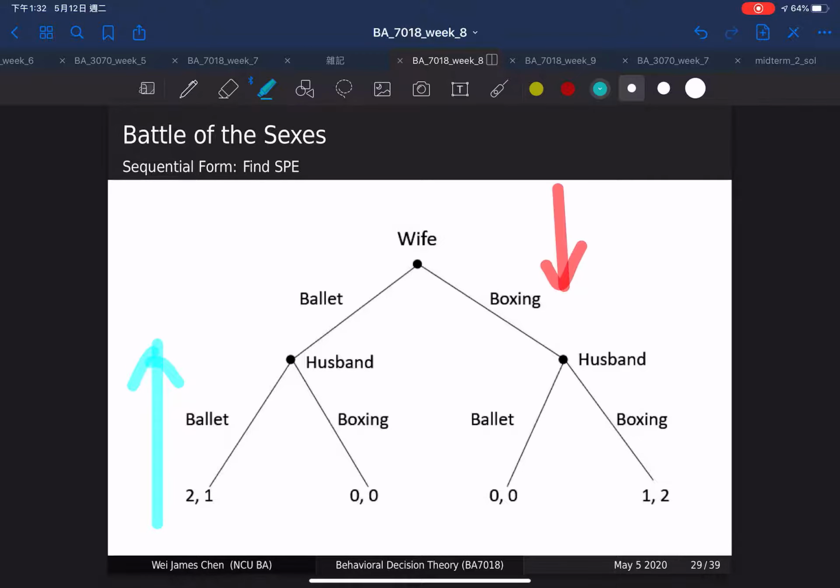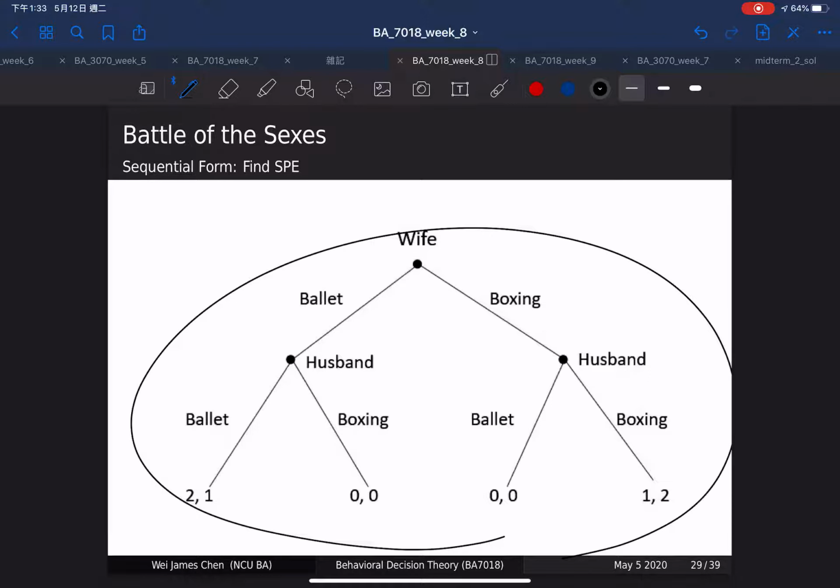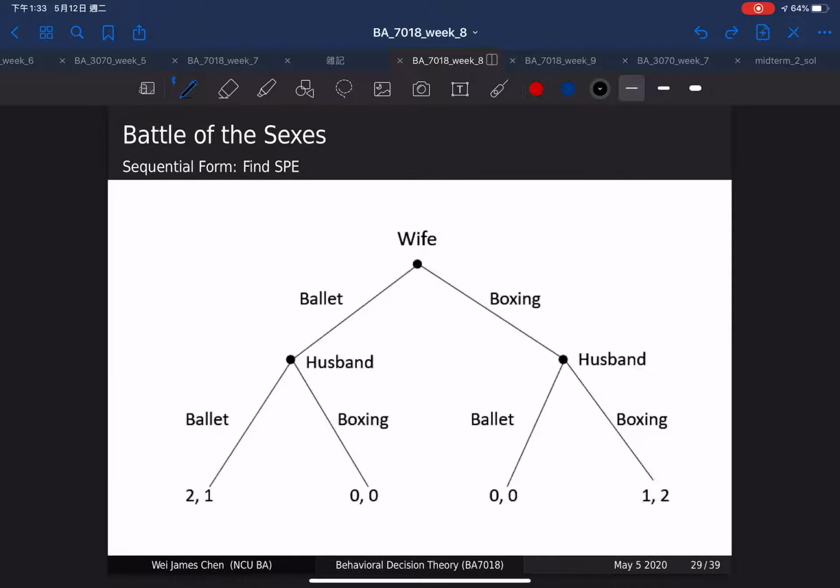So first, let's define a subgame. This whole thing is a game. A subgame is just a part of this big game.